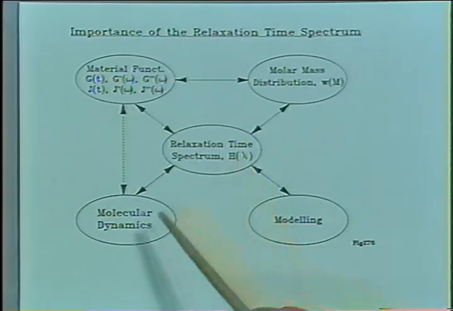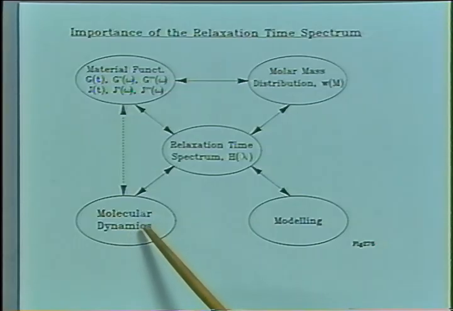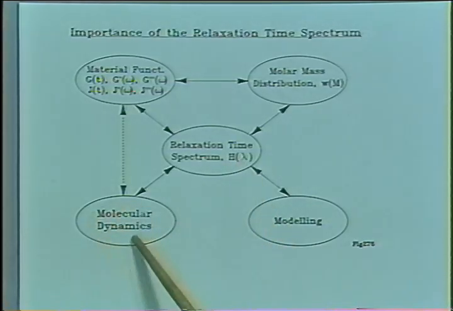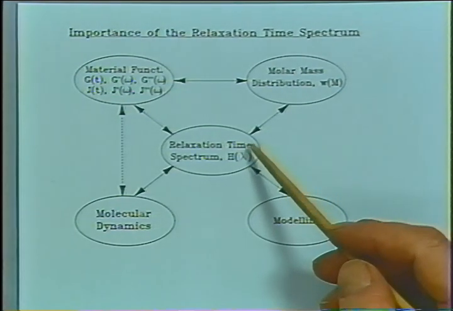It's also related to molecular theories, which use first principle arguments to derive the stress and the relaxation behavior of materials. So that spectrum is closely related to molecular dynamics. And it also should be related to molecular structure.